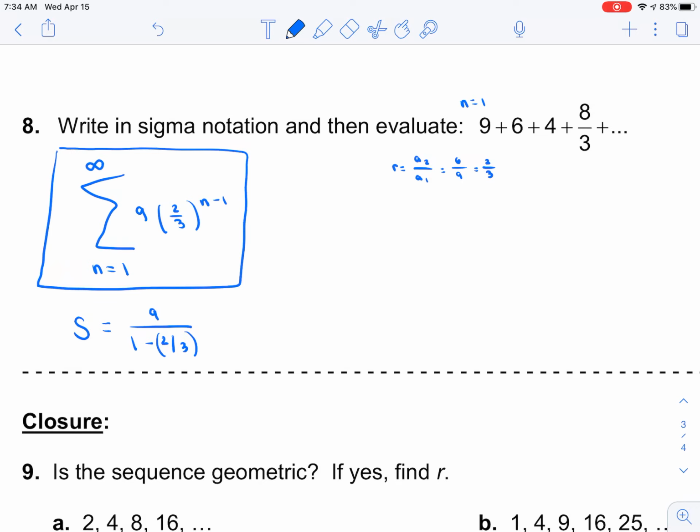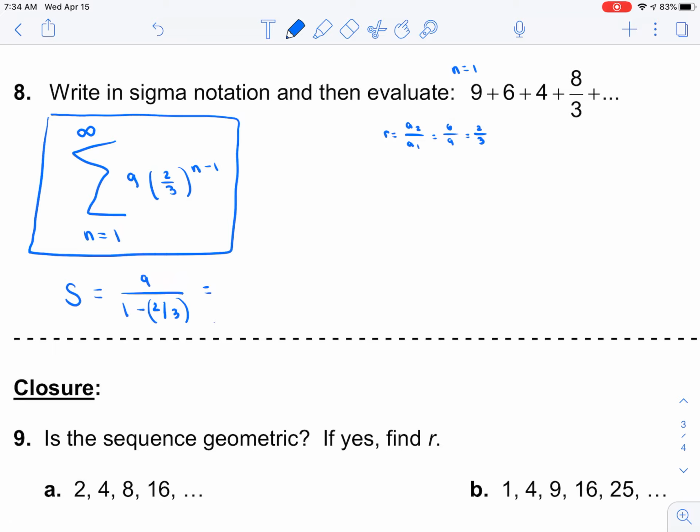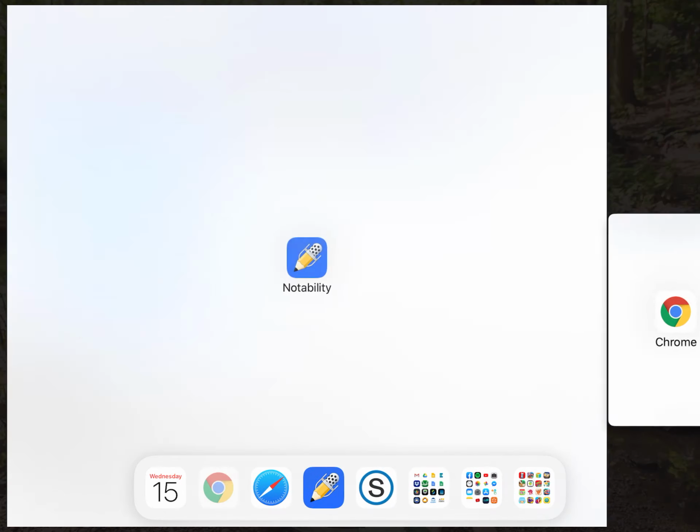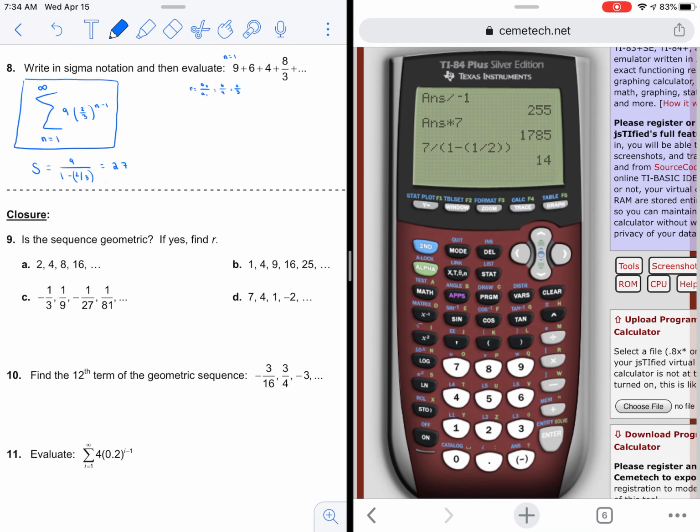And when you take 9 and divide it by 1/3, that's like taking 9 and multiplying it by 3. We're going to get this sum of 27. But just to confirm that with your calculator, you can do the 9 divided by, and then use the parentheses, 1 minus the 2/3, and then you will get that answer of 27 as your sum.